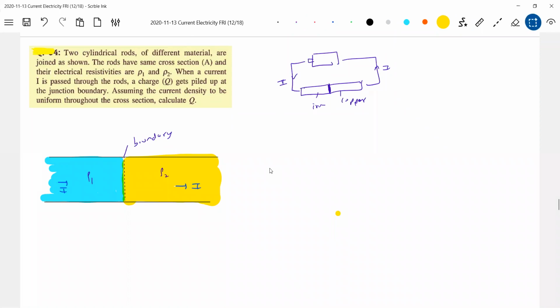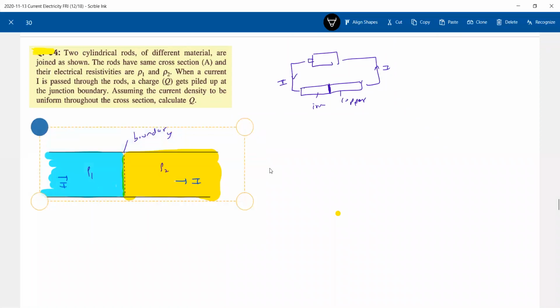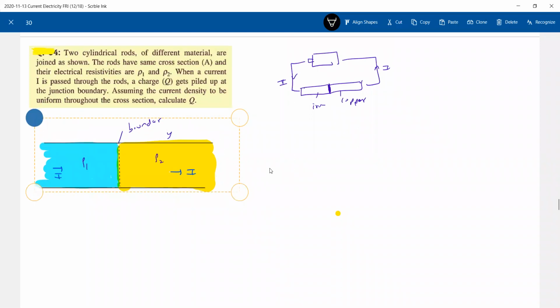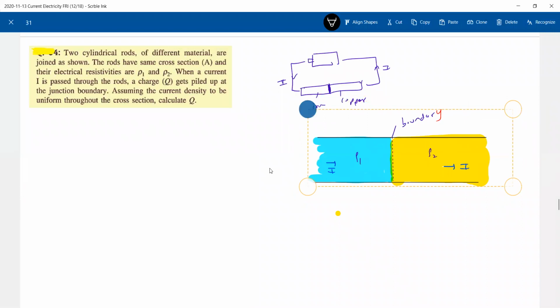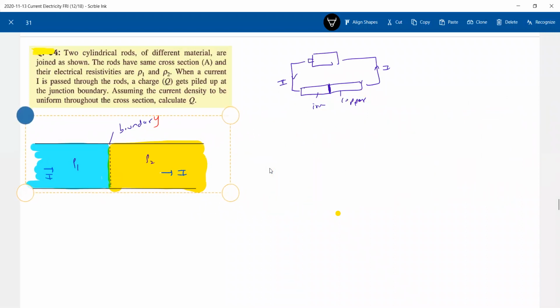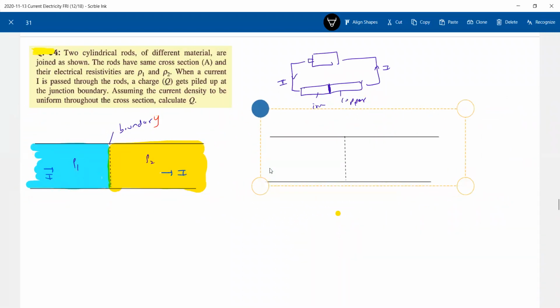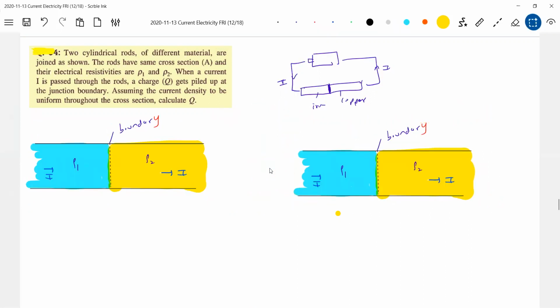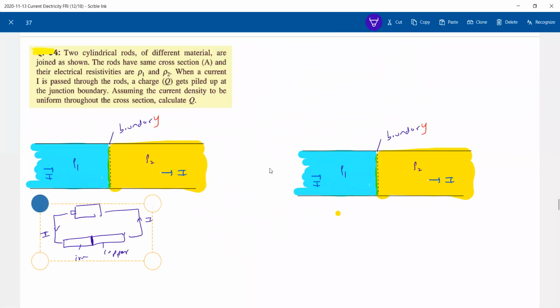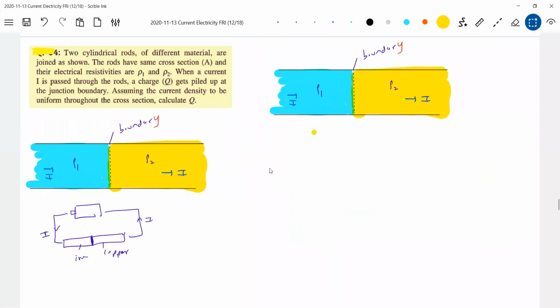Okay, this is the given diagram. I think we have to take help of the formulas, the basic formula.